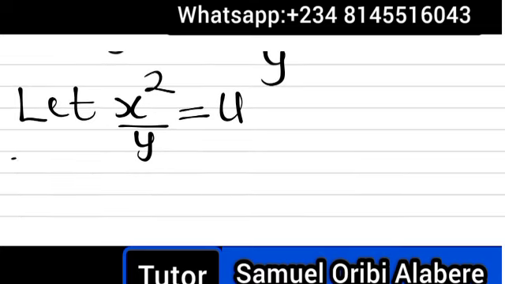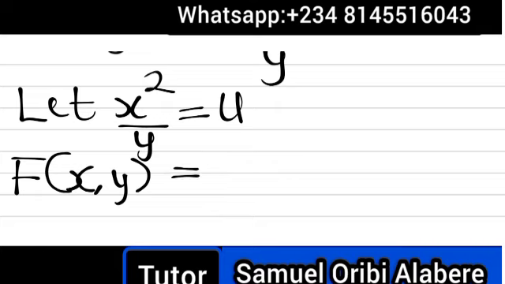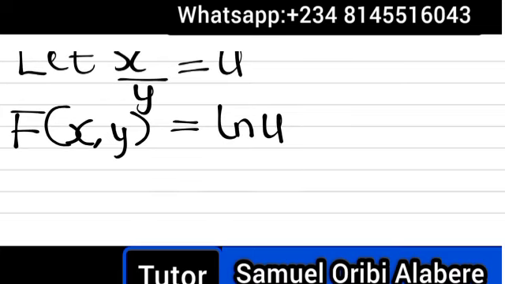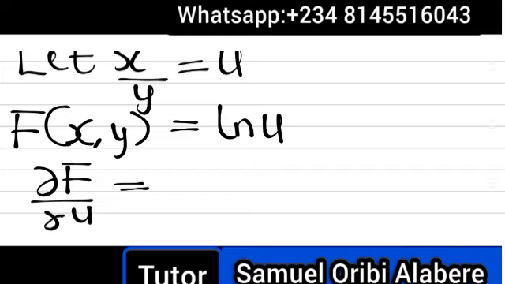So our function would then be simplified as f of x and y will then be equals to ln u. So when we get the partial derivative of f with respect to u, it will then give us 1 all over u.